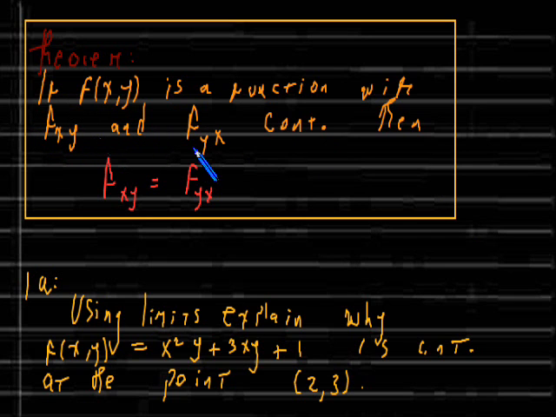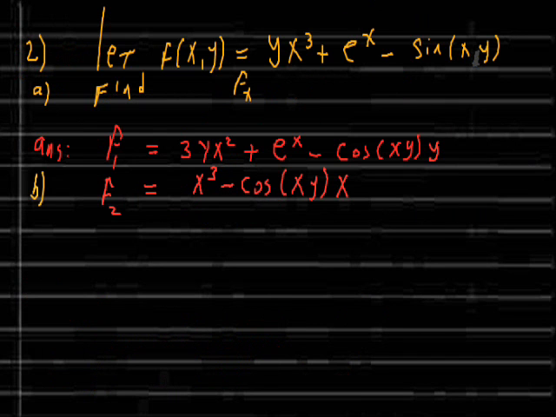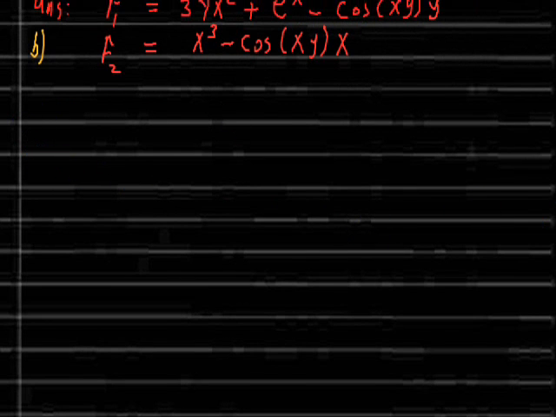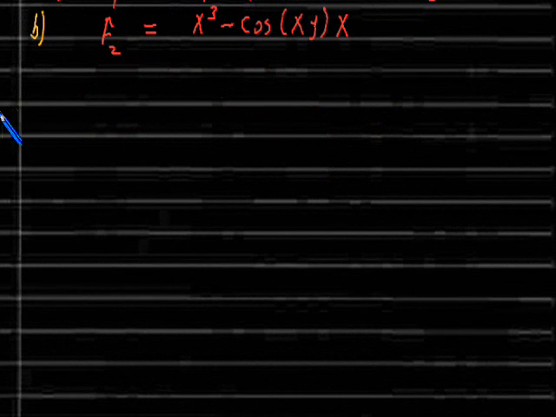So using this theorem, the theorem says that if f of x, y is a function with f sub xy and f sub yx continuous, then f sub xy is equal to f sub yx. Okay, so they want us to use this theorem. So the question goes, this is part C of question number 2, which is very, very easy.